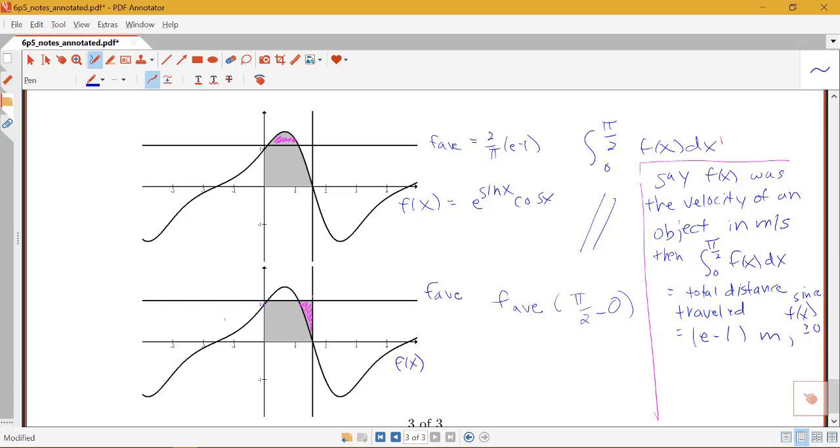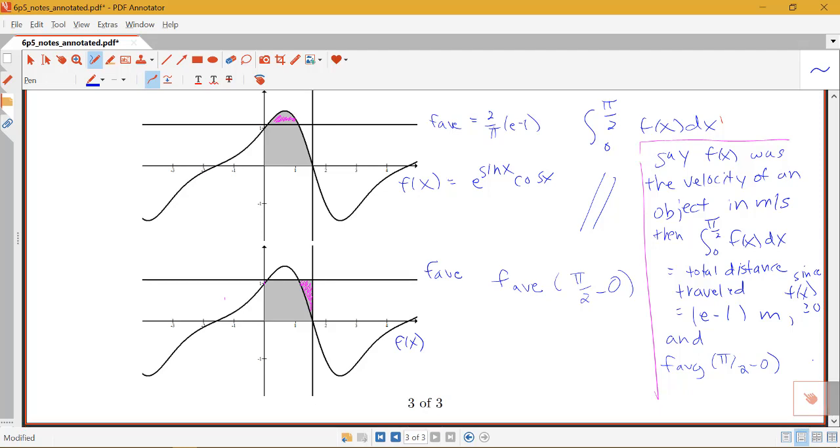Now I can look at this rectangular piece as representing what? This rectangular piece is f average times pi over 2 minus 0, where that f average, in the case that f is velocity, would be average velocity.